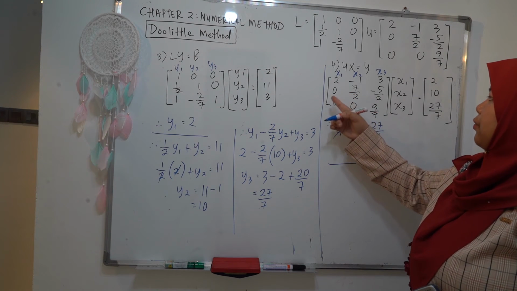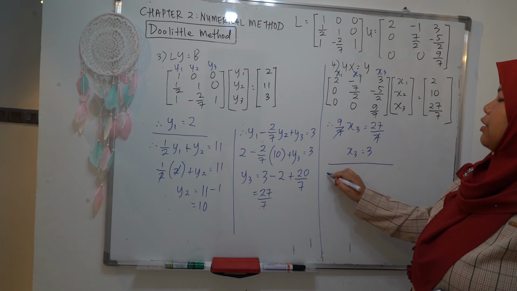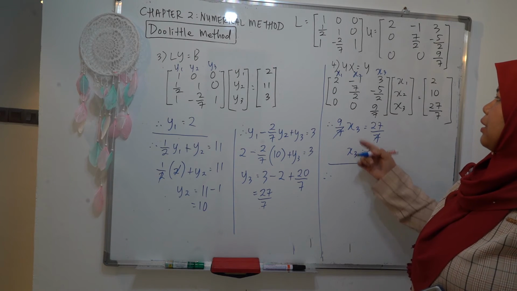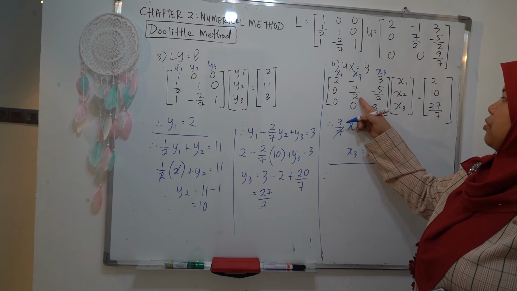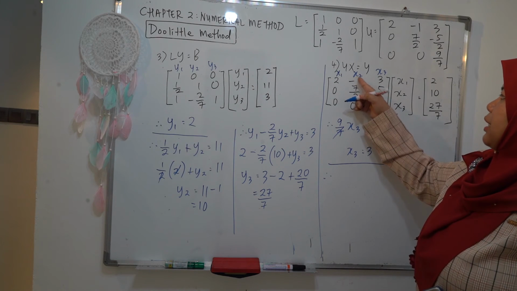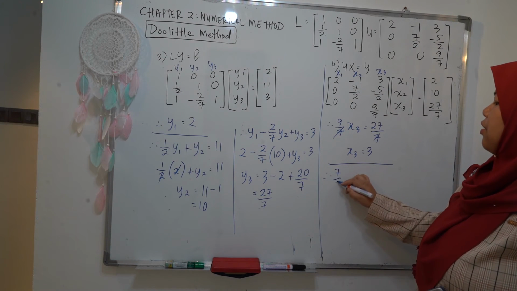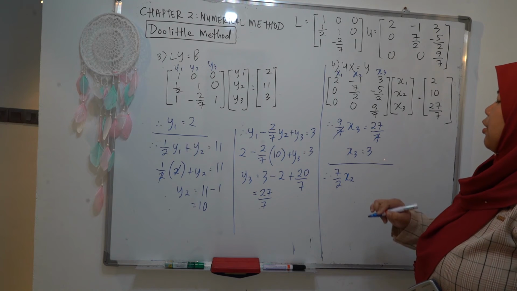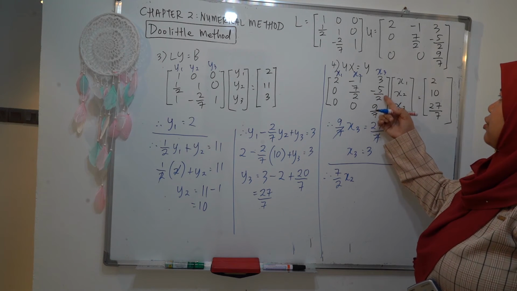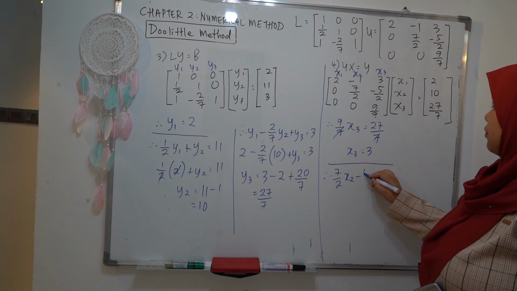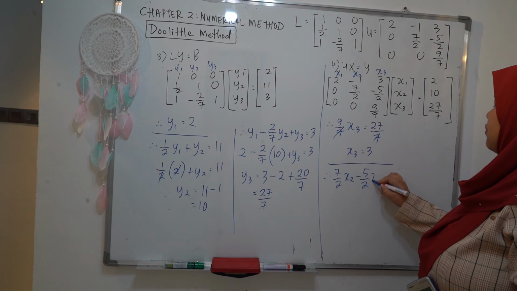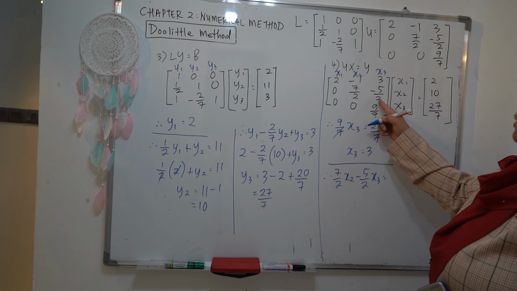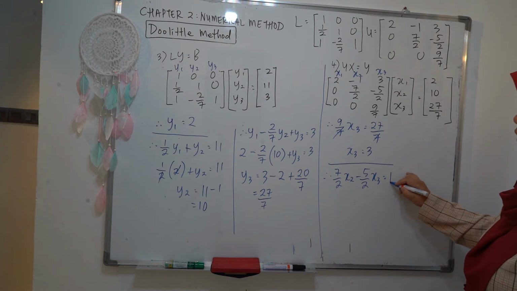For the second row, 0 times x1 is 0, and then plus 7 over 2 times x2 is 7 over 2 x2, plus negative 5 over 2 x3, equal to 10.